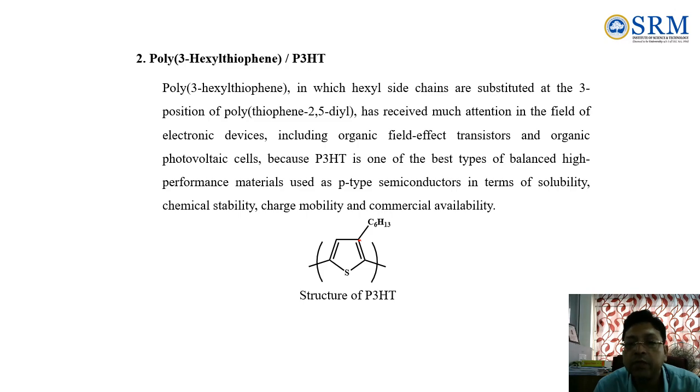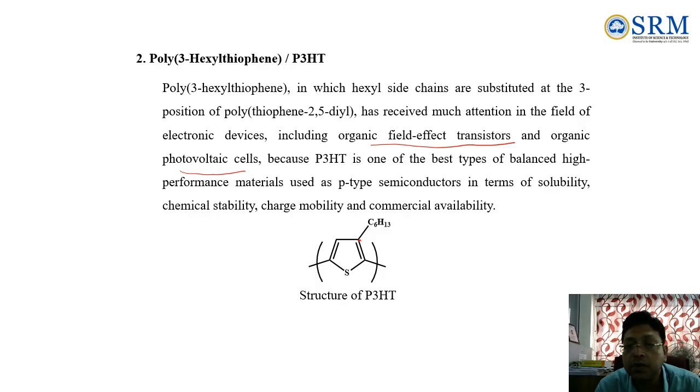So this polymer has received much attention in the field of electronic devices, including organic field effect transistors and organic photovoltaic cells, and it is one of the best balanced high performance materials used as a p-type semiconductor in terms of solubility, chemical stability, charge mobility, and commercial availability.